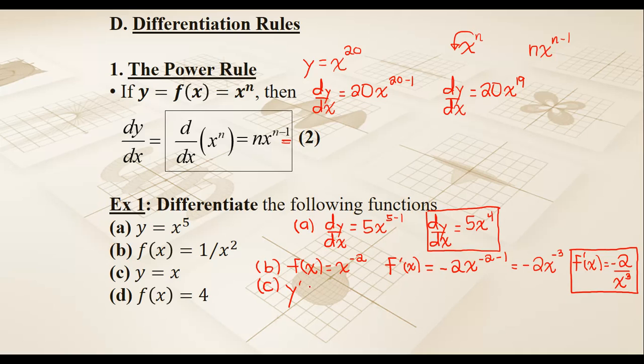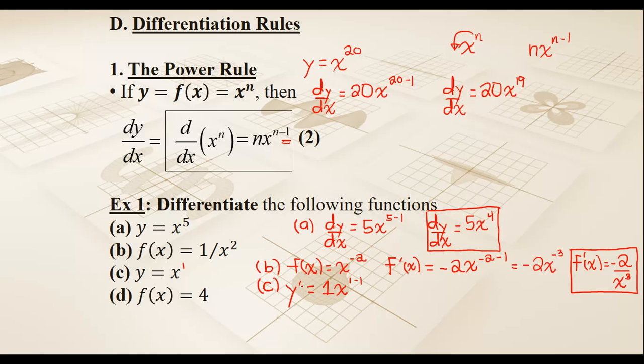Now, for this one, y prime, what's the power attached to the x? It's a 1. So what are we doing here? We're just moving a 1. We're not really doing anything to the actual coefficient because the coefficient's already a 1. So by moving that 1 down there, it would just turn it into 1, and then you'd have x to the power of 1. But then again, you have to subtract that 1 here.